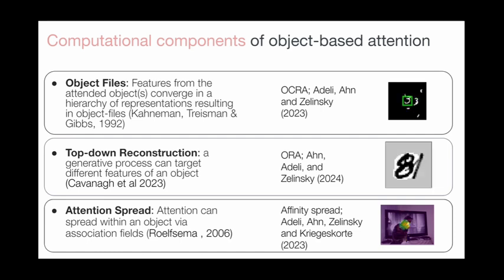In the last, in the attention spread, we had a spread, but we were also relying on object-centric representation. So I think depending on experimental conditions, subjects and models, mirroring subjects, can use different types of mechanisms in order to basically segment an object or attend to an object or target an object.